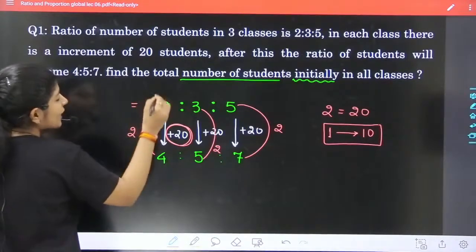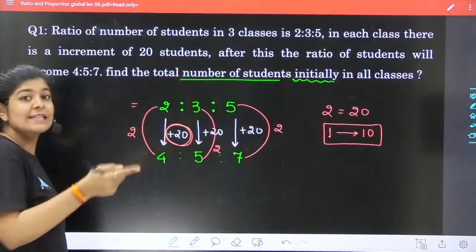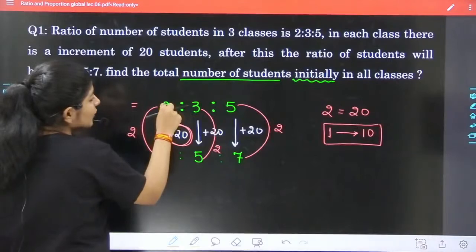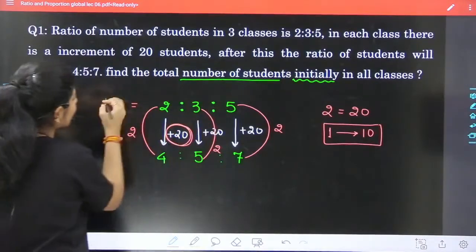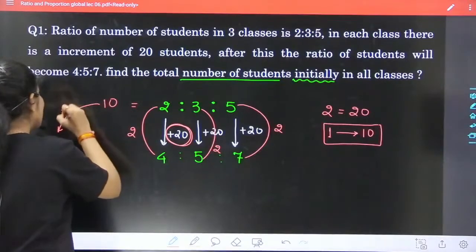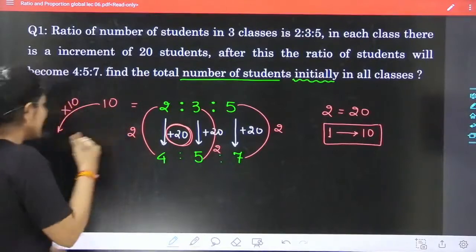That means if I find the total number of students of all these 3 classes initially, that means before the increment, I'll find it as 2 plus 3, 5, 5 plus 5, 10. So I have to multiply this term by 10 to calculate the original answer.